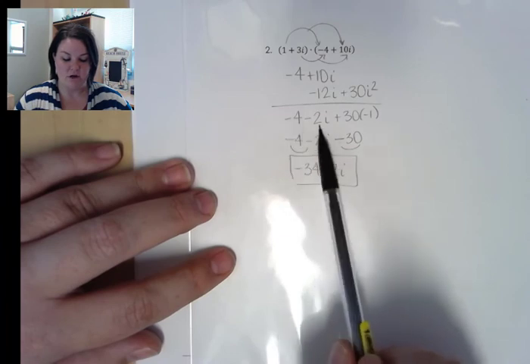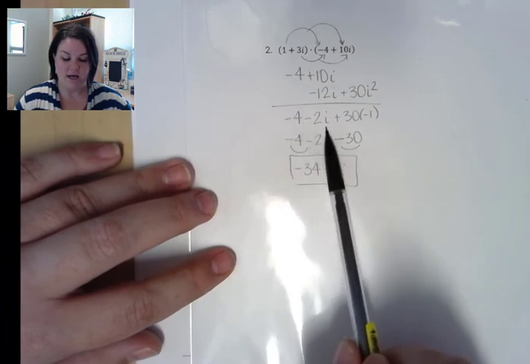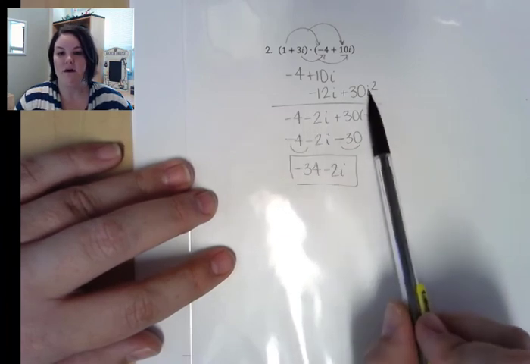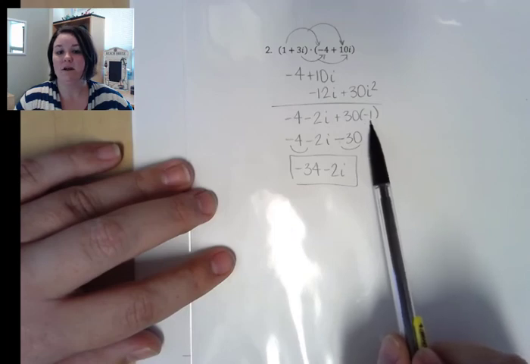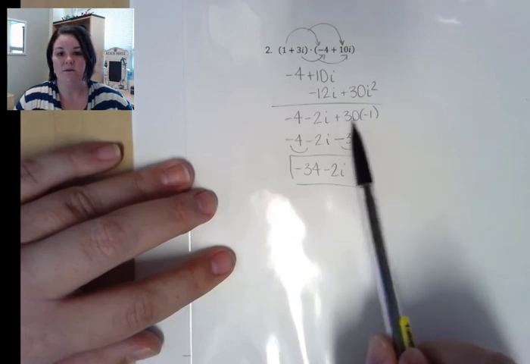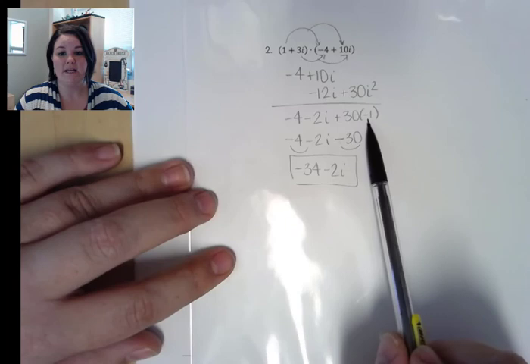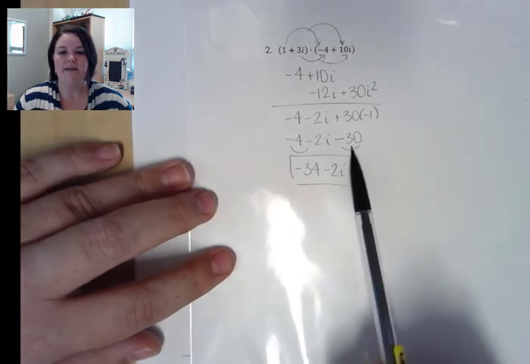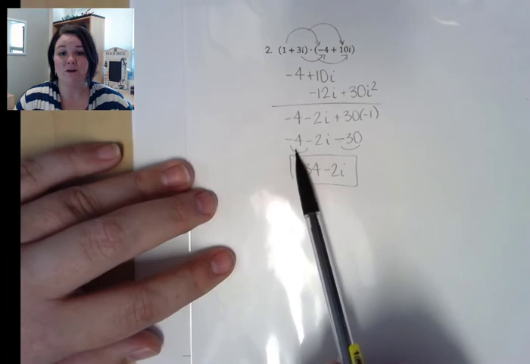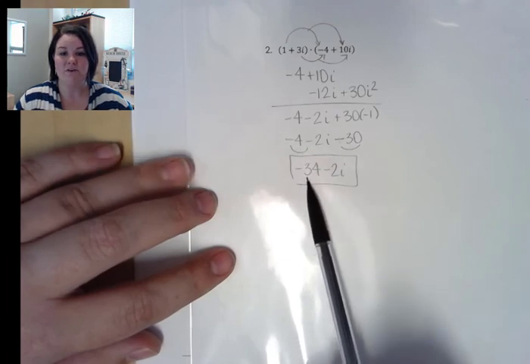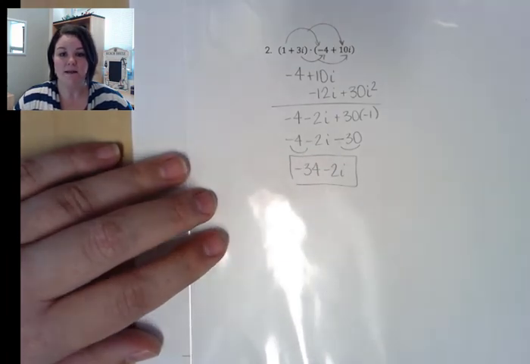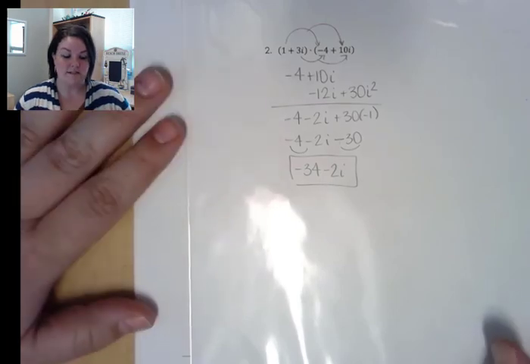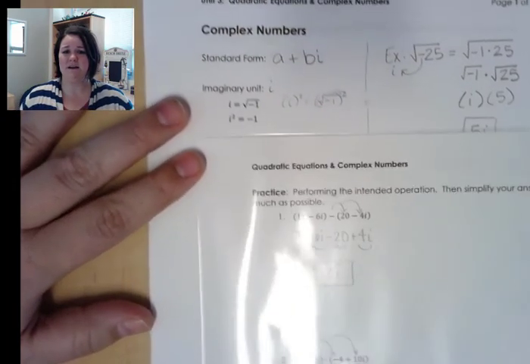So we have negative 4 minus 2i, and then I went ahead and put in my negative 1 for my i squared so that I can go ahead and combine that. When I do 30 times the negative 1 I get from the i squared, that's going to make it a negative 30. And then I can combine that negative 30 with my negative 4 out front, which gives me negative 34 plus 2i. Okay?